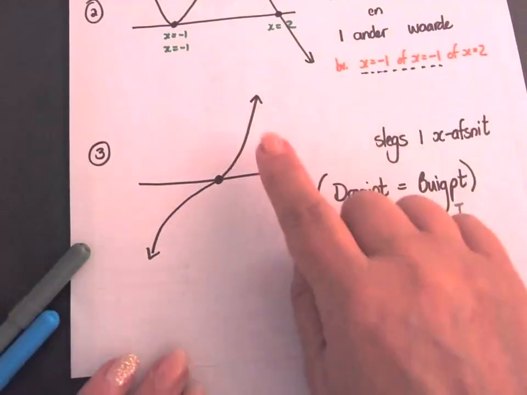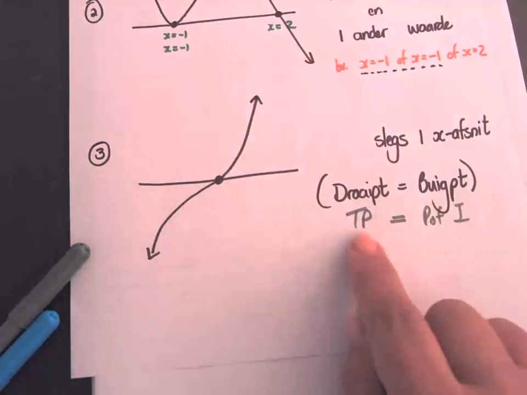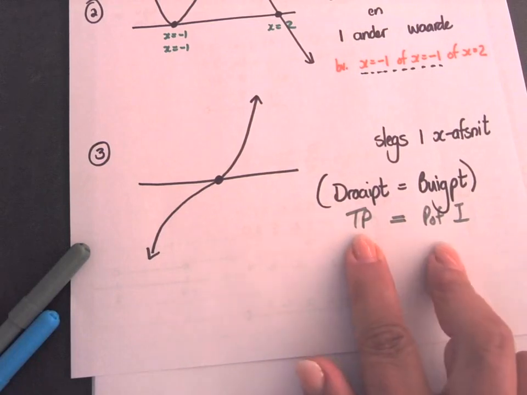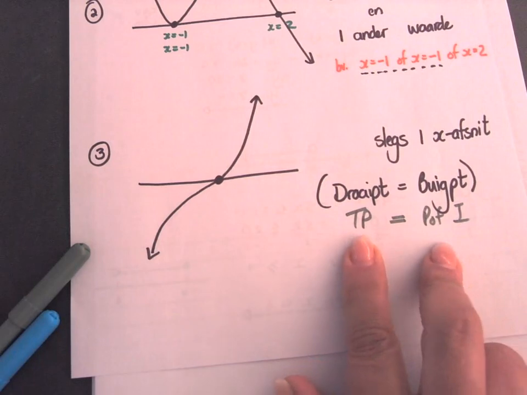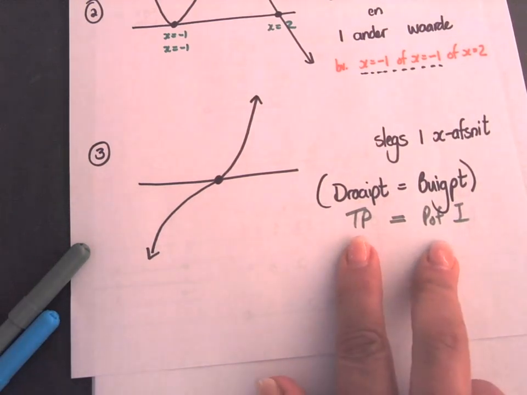So now the graph looks like this. That's when you get your turning point the same coordinate as the point of inflection. Then the graph looks like a propeller.